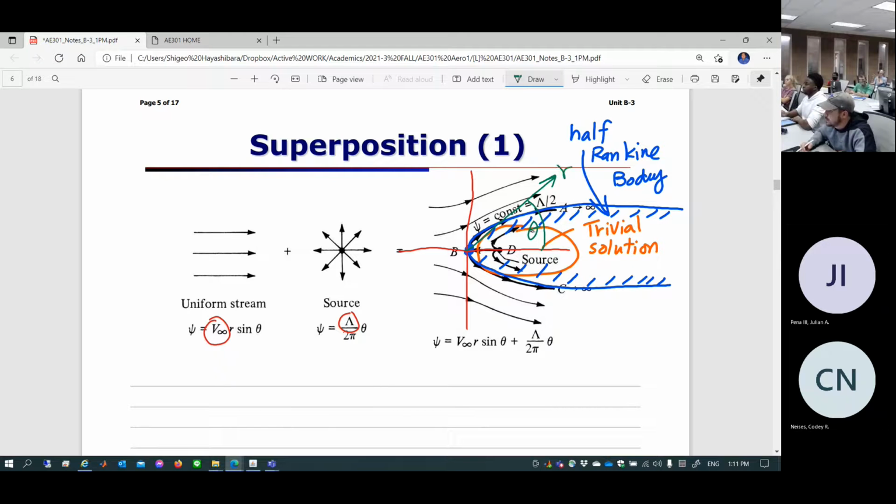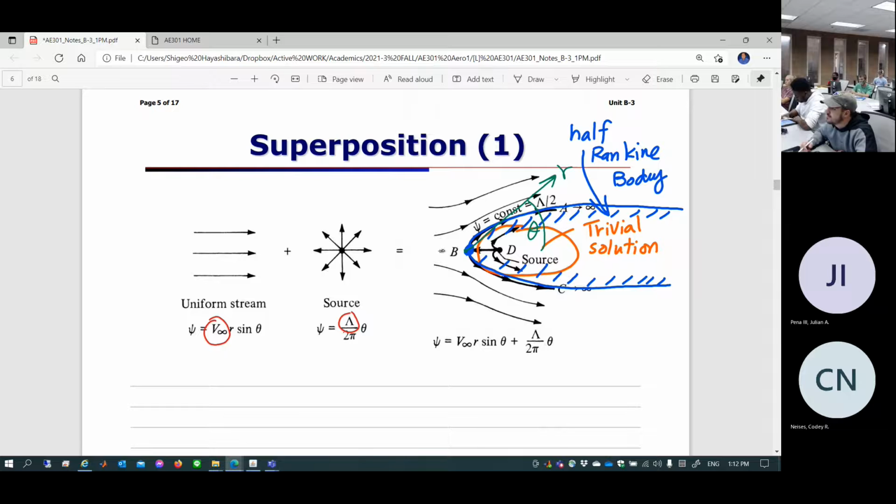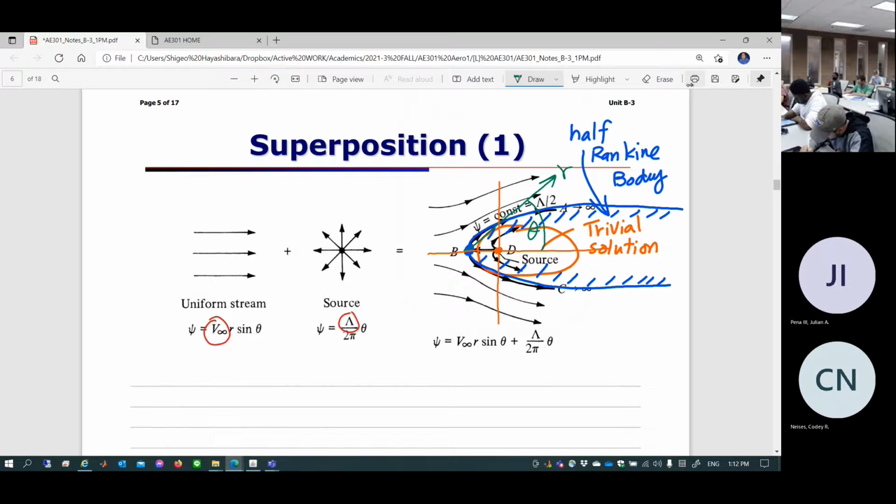Sorry. So this is the coordinate origin, the location of the source. This is where the source is located. And of course, you can define polar coordinates also, not only Cartesian.